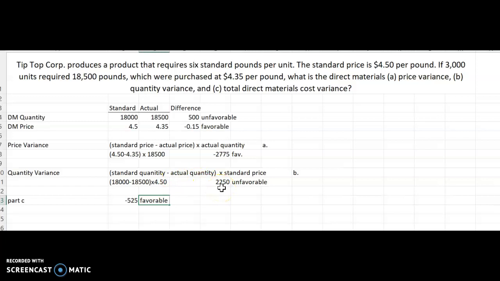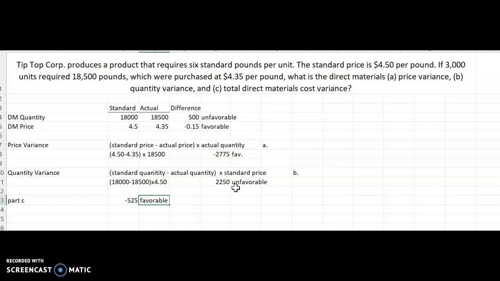So let's say we can fix a machine that's eating up our fabric and using more materials than we should. Then we should have 0 of this because we would have used the right amount and we would have a favorable variance because we got the material. However, it could be showing us something different.